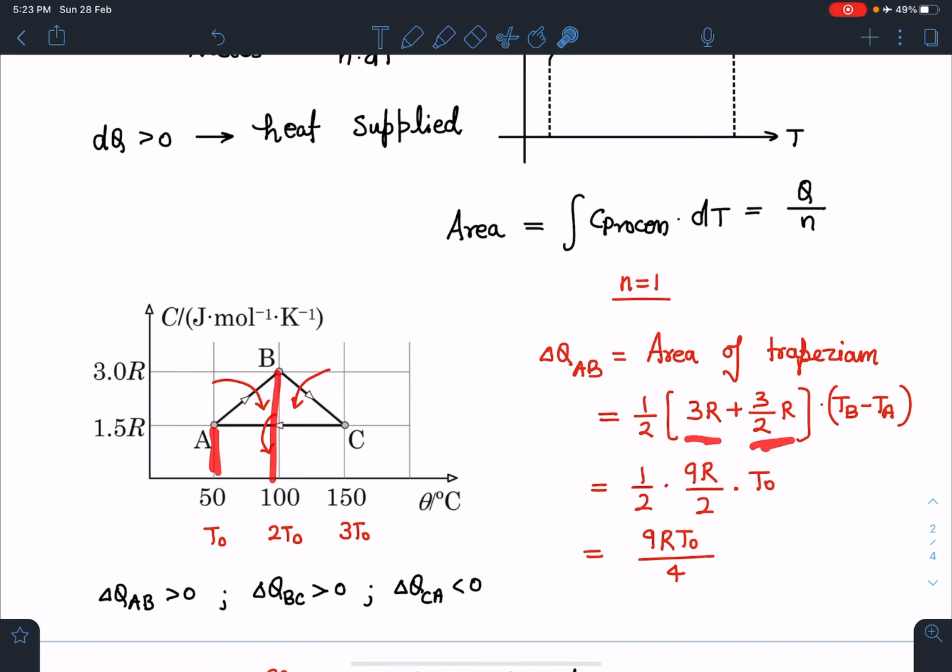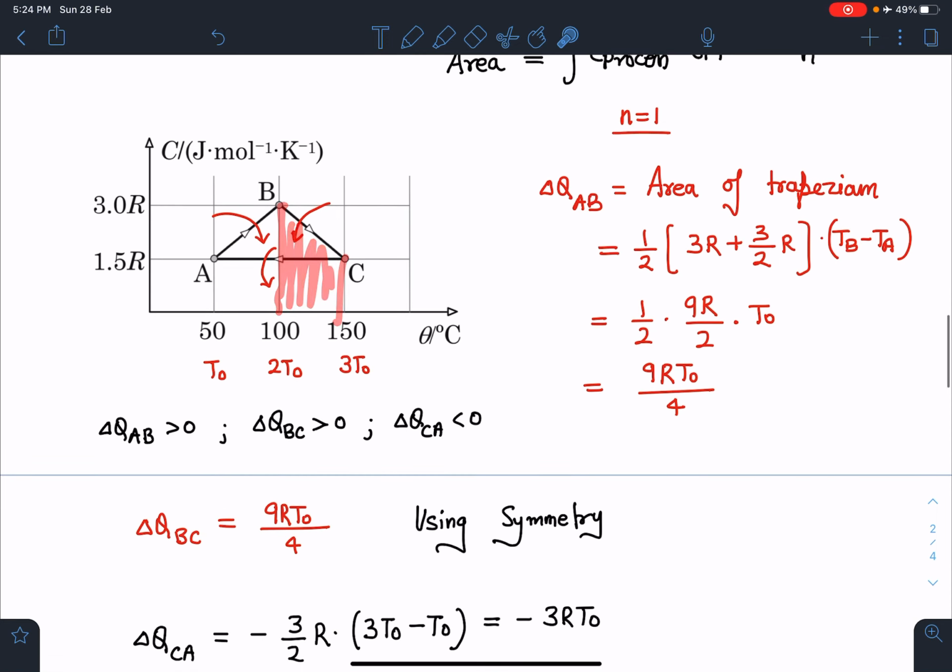So 3R plus 3 by 2 R, and the temperature difference is T naught. So this delta Q AB becomes 9 R T naught by 4. And similarly, by symmetry, even in this part the same area it will cover. So in this part also an equal amount of heat is supplied. By symmetry, or you can apply the trapezium formula one more time.